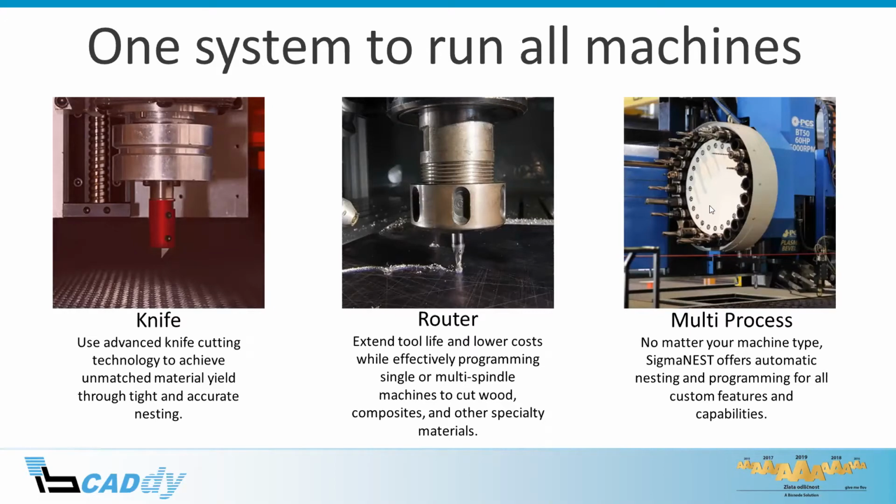With SigmaNEST, you can create nesting for any kind of machine. The advantage of SigmaNEST is that we have one environment where we can program any of the mentioned machine types, and we are not limited to the machine brand. Also, if we create a task for one machine, with a few clicks we can change the NC export for other machines from your list.